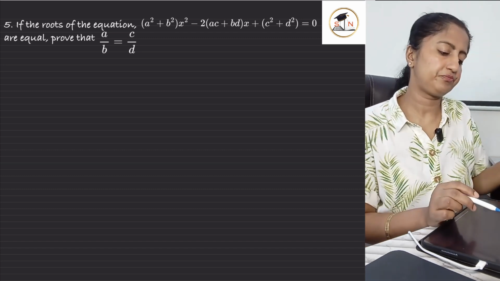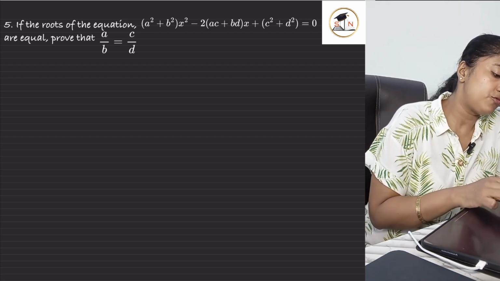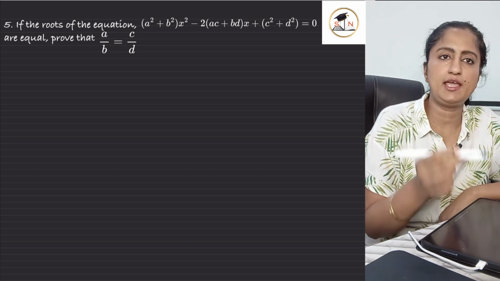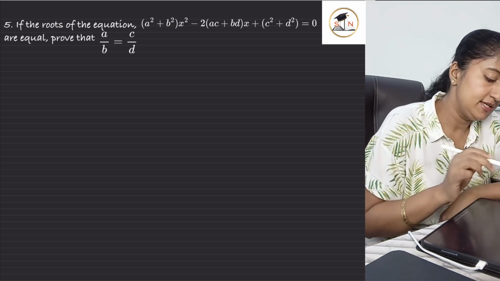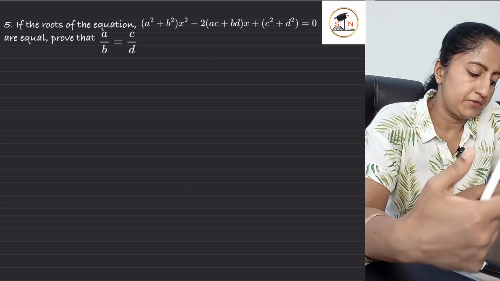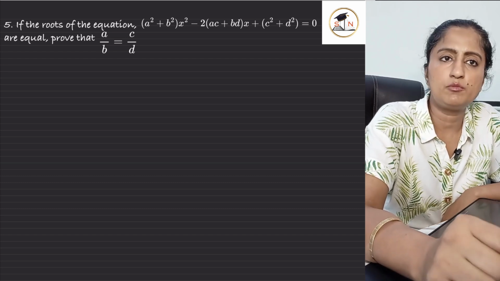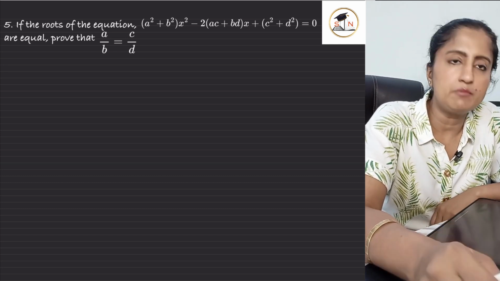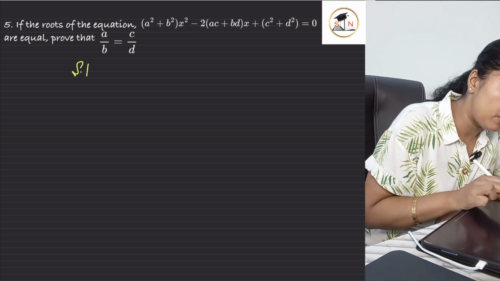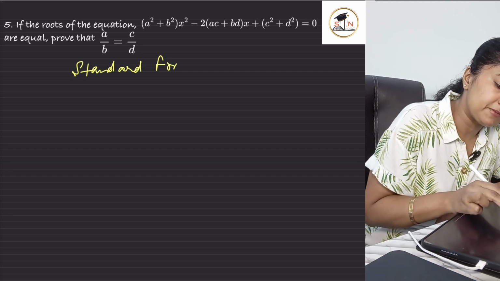So now it is again a little complex quadratic equation, but first you need to understand what all is your actually A, B, and C according to the standard form. Now, one more thing over here. In this question, they have used a, b, c, d, right? And the standard form also uses a, b, c. So in order to differentiate, I'm going to write the standard form with caps.